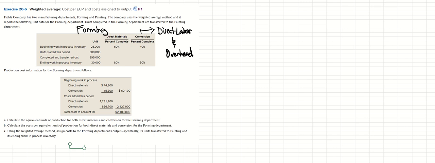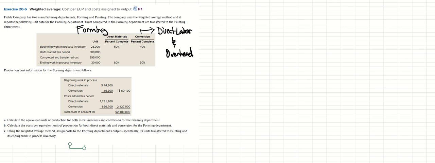To do that, you need assembly workers, and their wages are classified as direct labor. And for overhead, you need a factory or facility or warehouse to conduct your business and produce products. This is why direct labor and overhead are considered conversion costs, because you're converting the raw materials into the finished product. That's the goal.